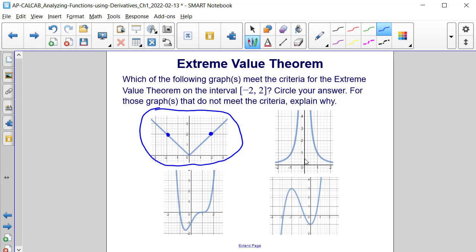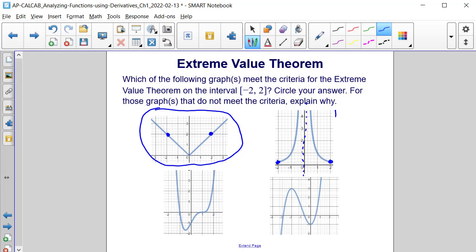Now let's look at this function over here. We're going from -2 to 2, and the first piece of the extreme value theorem is that it must be continuous. Well, we can clearly see that this function is rational and has an asymptote being the y-axis.